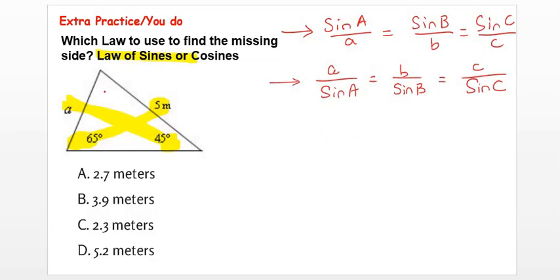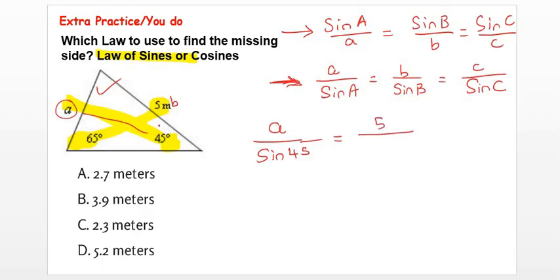So here we have decided that we will use the law of sines and the side is missing, so I'm going to write the formula in this way. It will be a over sine what? Sine A means the opposite angle, so it's 45. On the other side I have b, so it's 5 over sine 65.